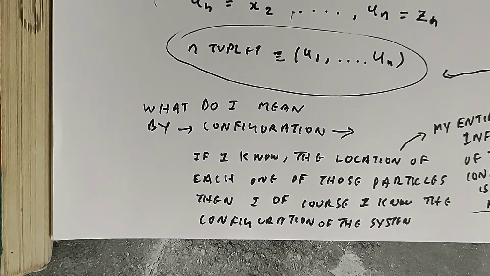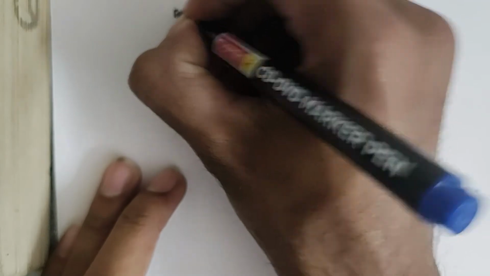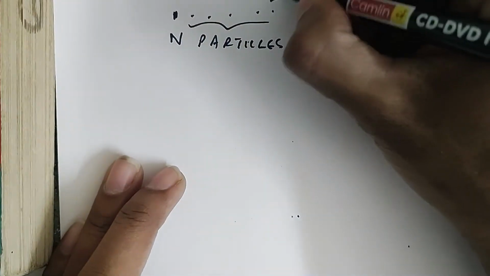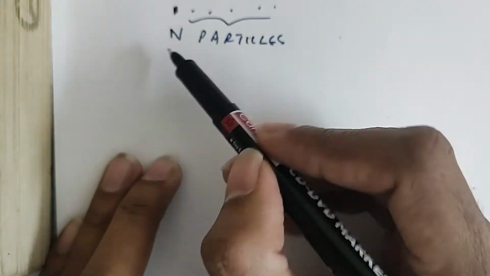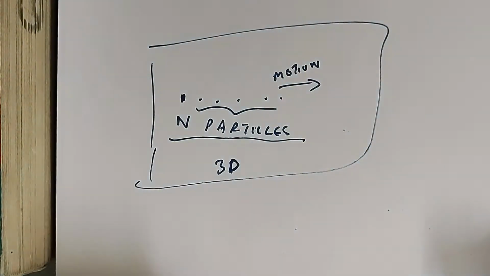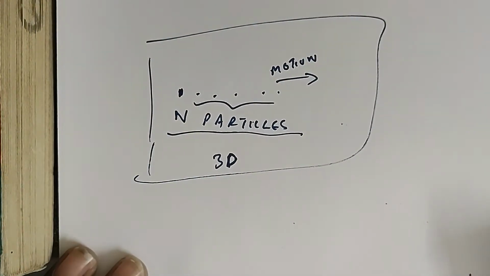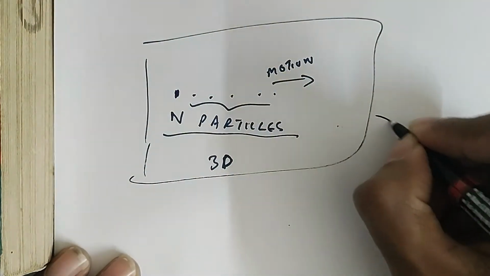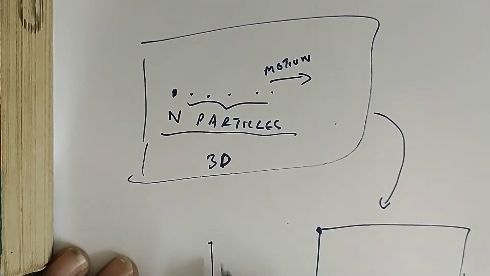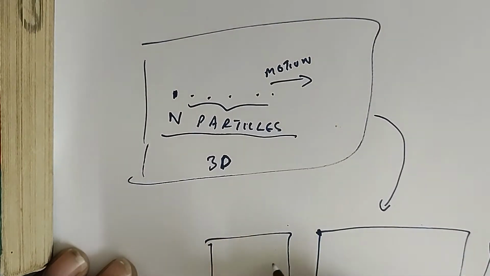Now, one of the smartest things one can do is, instead of thinking about the motion of n particles, say these are my n particles and they have some motion, instead of thinking about the motion of capital N particles in 3 dimensions, I'm going to think of n particles, small n.